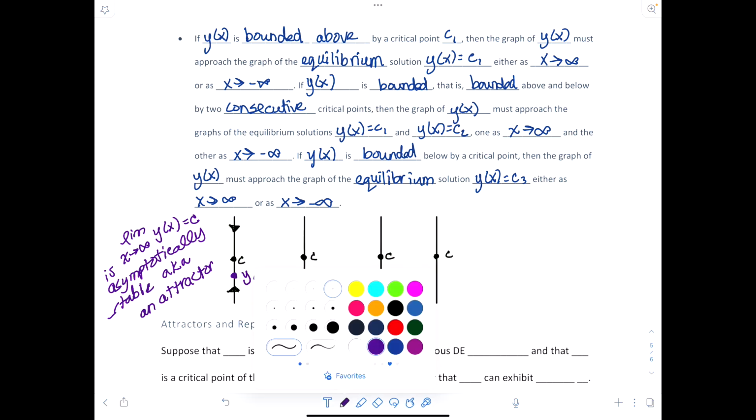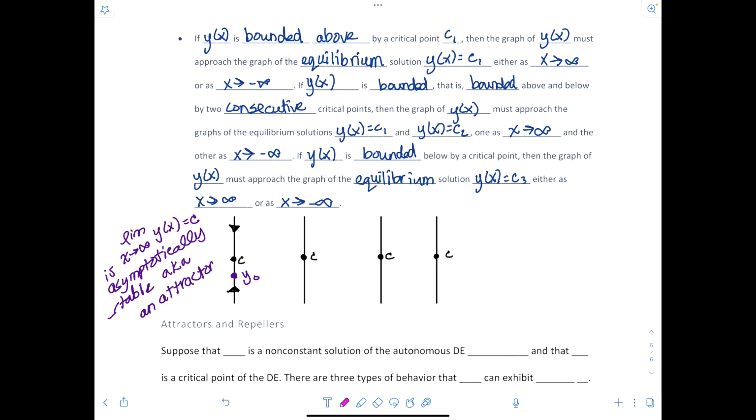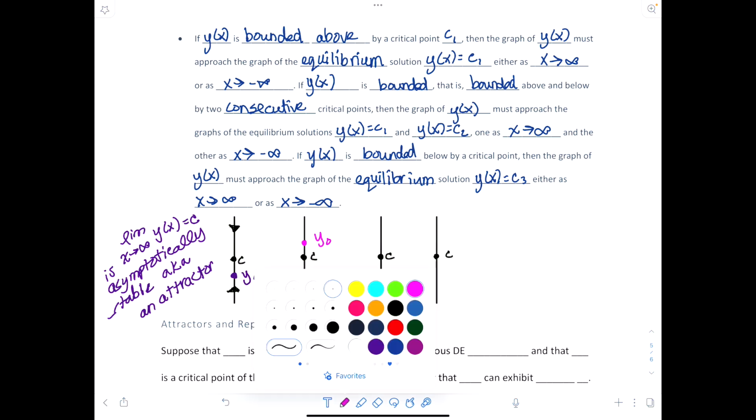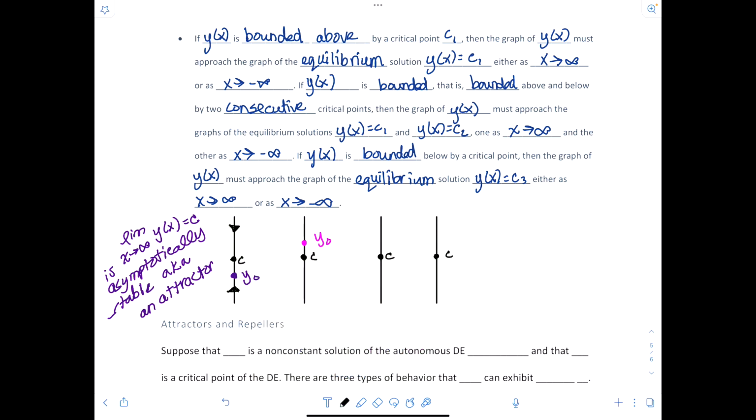Now let's say that you had a situation where you had y of 0 somewhere, and then your arrows were moving, both of them were being repelled, C was repelling them away.